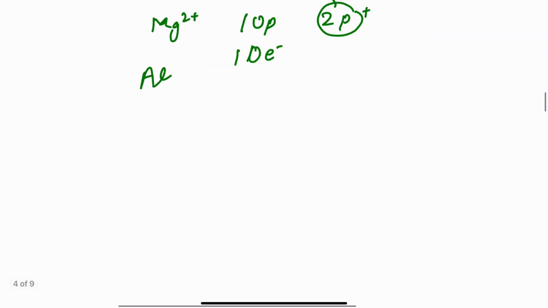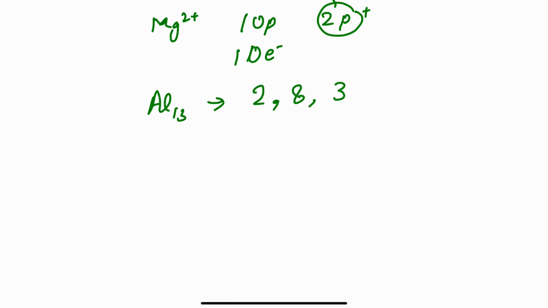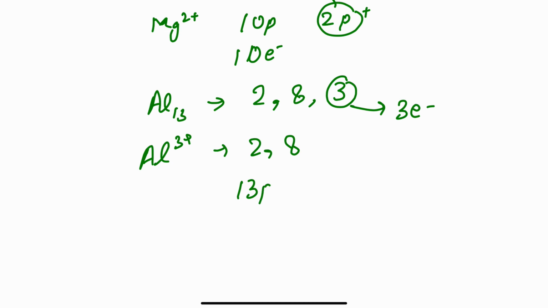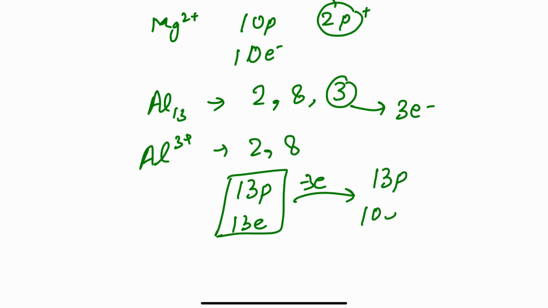Coming to aluminium, atomic number for aluminium is 13. Electronic configuration 2, 8, 3, right? Again, for the octet rule, for stability, it will lose its 3 electrons and the new electronic configuration will be 2, 8. Again, 13 protons, 13 electrons in the neutral atom, but when it loses 3 electrons, we are left with 13 protons and 10 electrons.